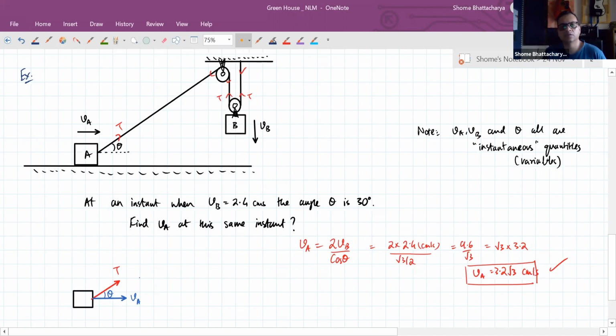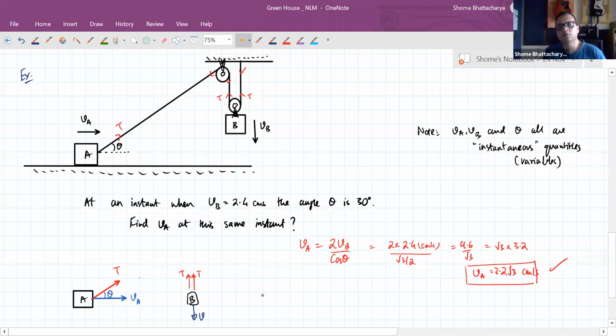Whereas for B, it's very simple. The net tension acting on it is 2T upwards, and its instantaneous velocity is VB downwards.